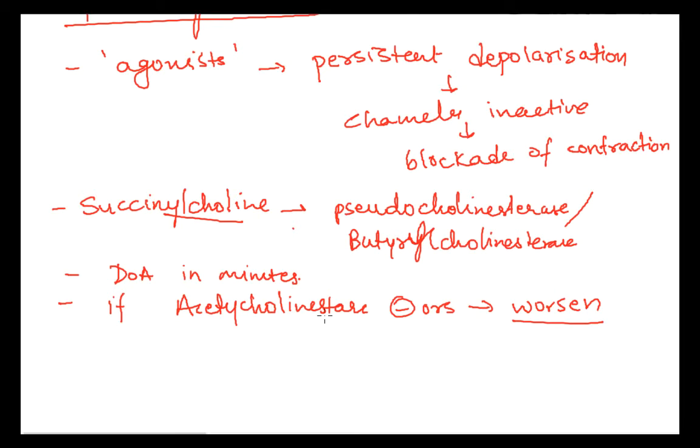Why? Because if you are inhibiting the acetylcholinesterases, it keeps the level of succinylcholine high in the synaptic or end plate region, right? So if your succinylcholine is higher, it will lead to worsening of the condition, right?